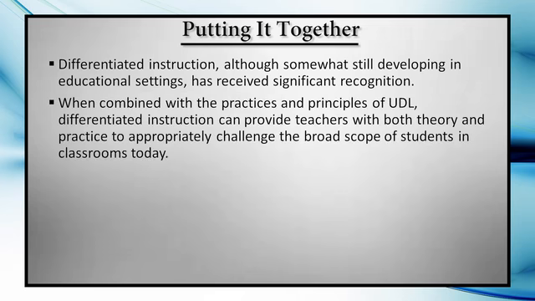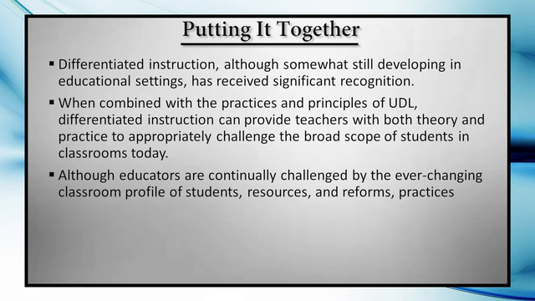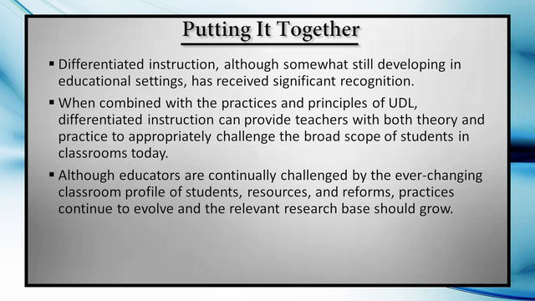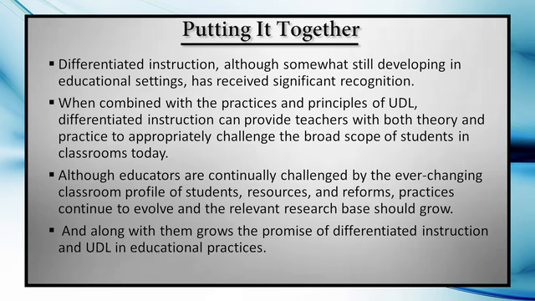When combined with the practices and principles of universal design for learning, it can appropriately challenge the broad scope of students in classrooms today. Although educators are continually challenged by the ever-changing classroom profile of students, resources and reforms, practices continue to evolve and the relevant research base should grow, and along with them grows the promise of differentiated instruction and UDL in educational practices.